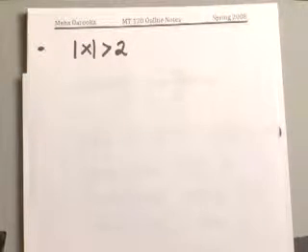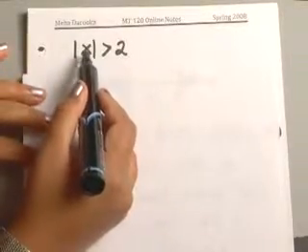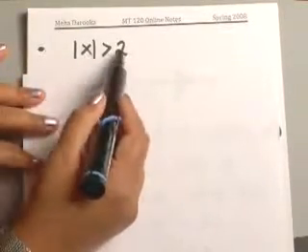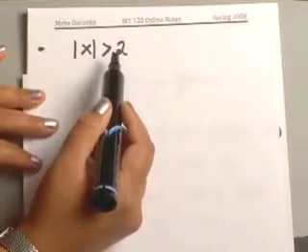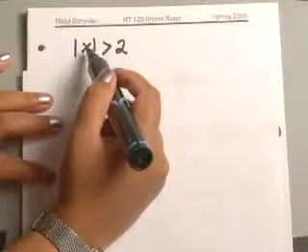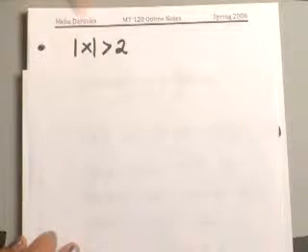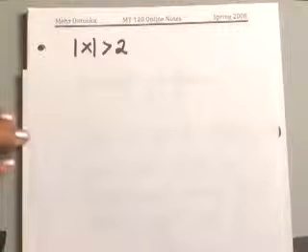What exactly are we talking about here? We are saying, what can the value of x be if that distance is greater than 2? Just like in the last example, if this was x equals 2, then your two solutions for x would be positive 2 or negative 2. But here we're talking about the absolute value being greater than 2, which means that your distance has to be more than 2.